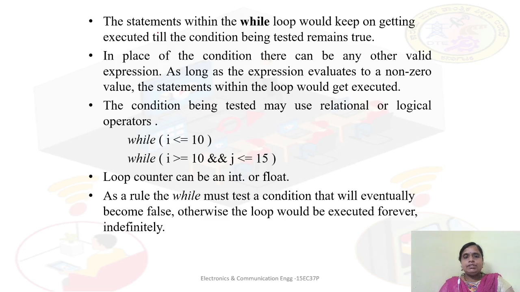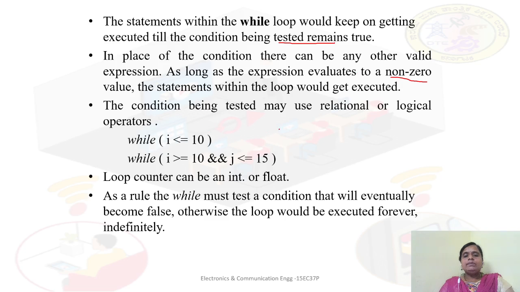The same explanation I have given just now: the statements within the while loop will be executed until the test remains true. What should these values be? True is nothing but a non-zero value. Until this condition gives you a non-zero value, the loop will get executed.